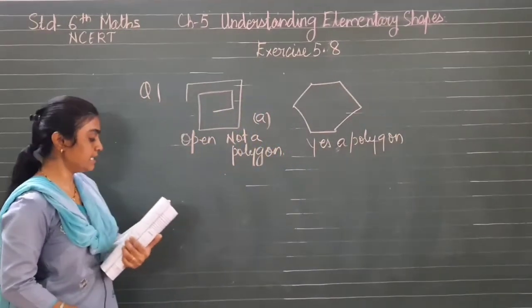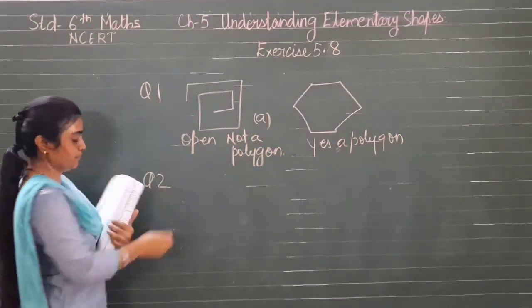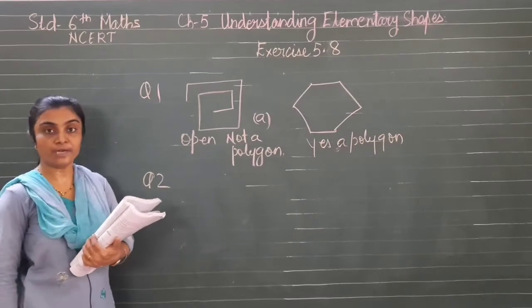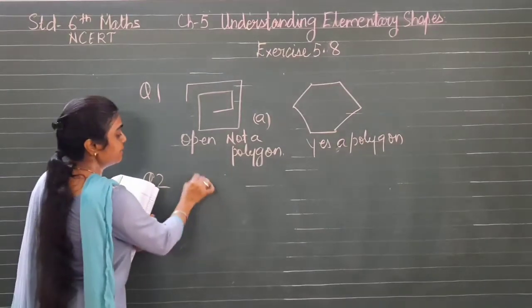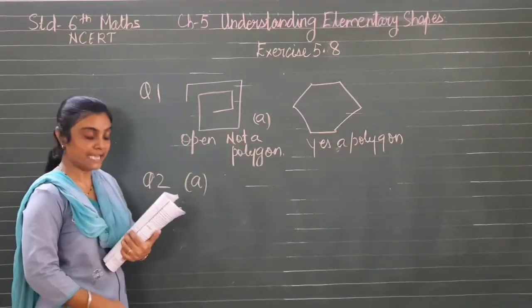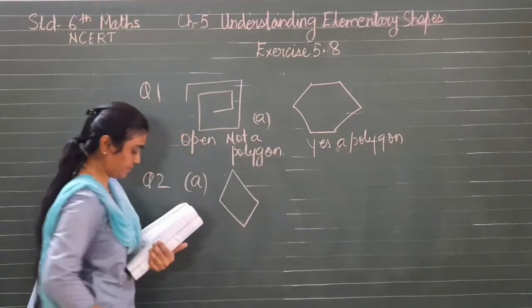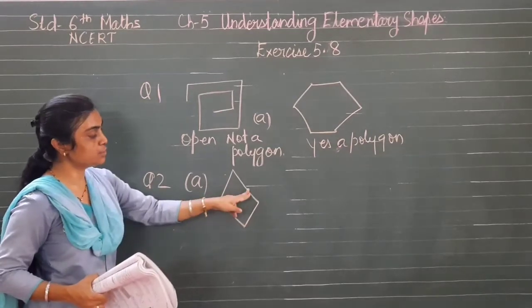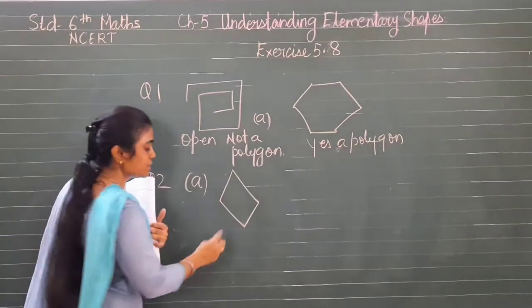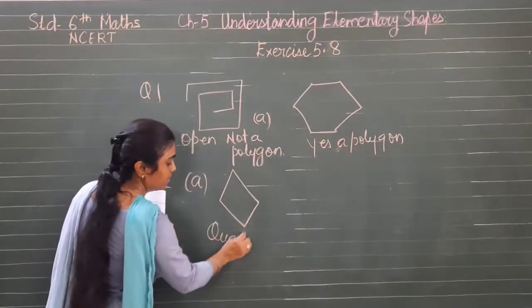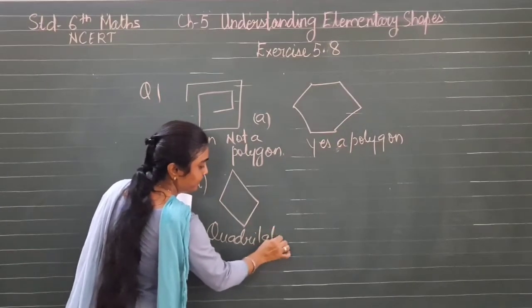Now let us see question number 2. Name each polygon. As we have seen different polygons with different line segments. Now the first one, it has 4 sides, 1, 2, 3, 4. So it is called a quadrilateral.